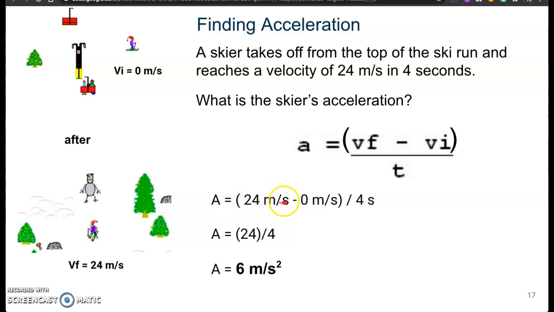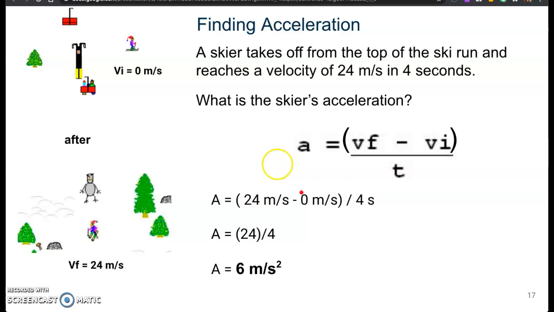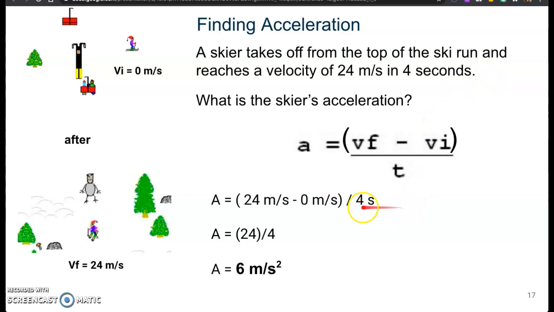So my final velocity is 24 meters per second minus my initial velocity, which was 0 because I was just staying there on top of the mountain before we took off. And then it's divided by time, which was 4 seconds.